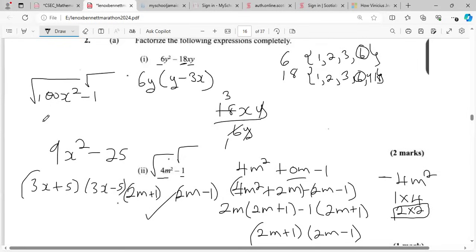Which is 10x. What number times itself gives you 1? 1 should be plus or minus, right? The fact that this is a minus, 1 has to be minus and 1 plus. So when you multiply it out, you get it.